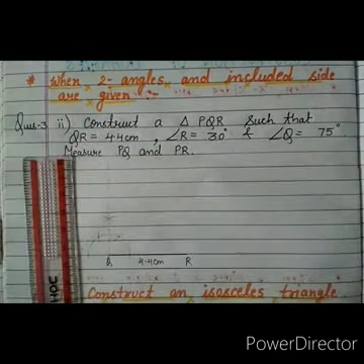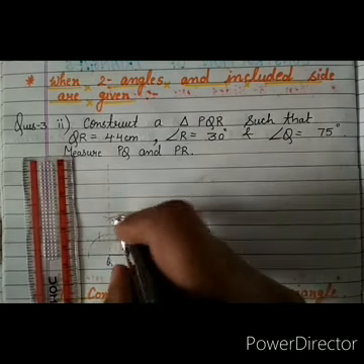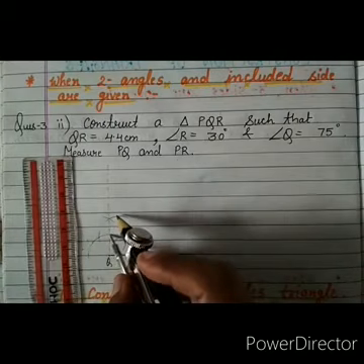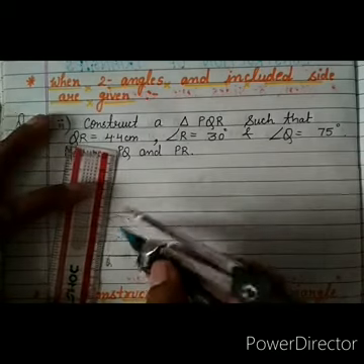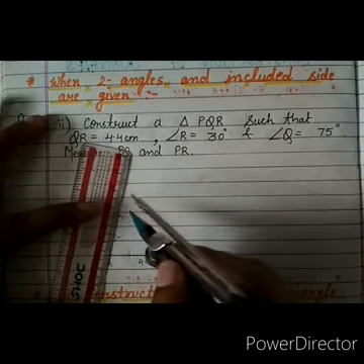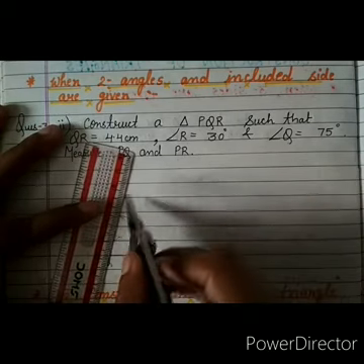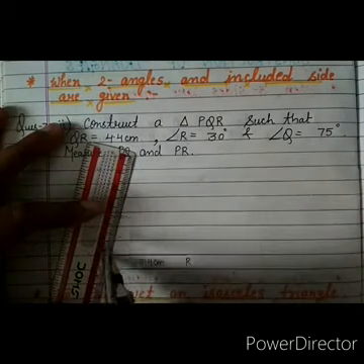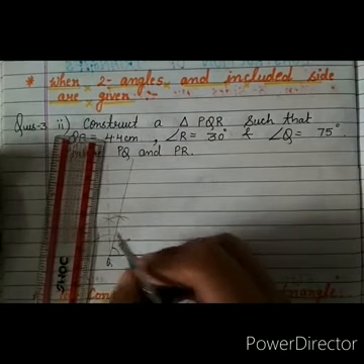Now in order to make 75 degree, we have to make an arc from 60 and 90. From these two points we make two arcs which will intersect each other. Then join the intersection of these two arcs with point Q and make a complete line, and this is our 75 degree angle. Angle Q is 75 degree.